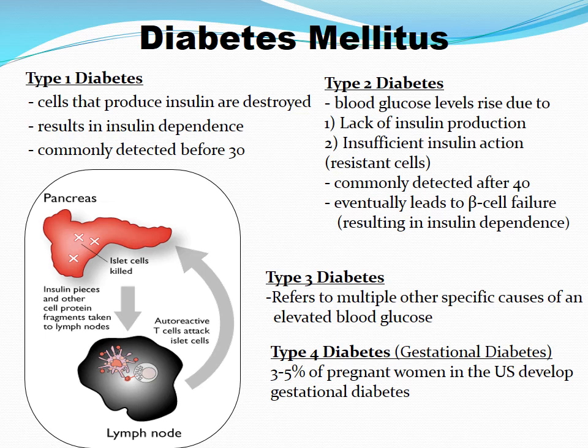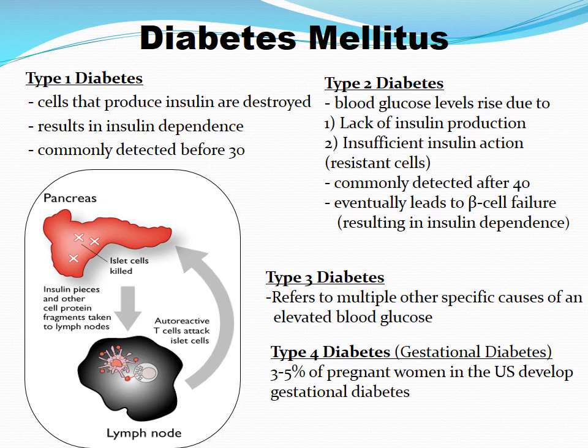Type 2 diabetes, blood glucose level rises due to lack of insulin production, or insufficient insulin action. That's insulin resistance. Commonly detected in people after 40 years of age.